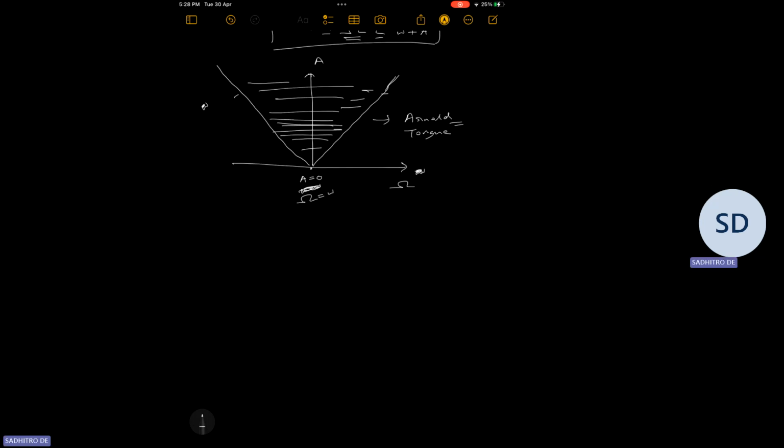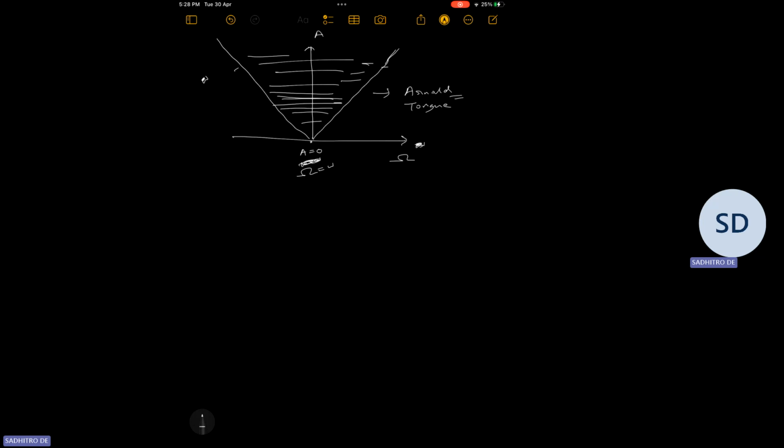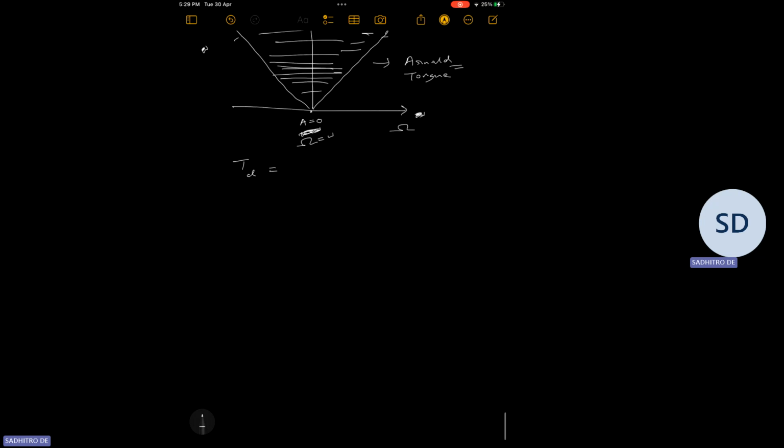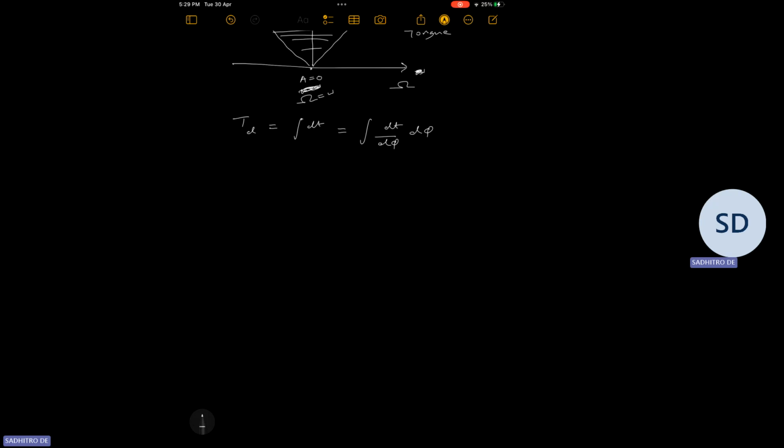Now, when there is no synchronization, you can also find out the period of drift or the beat period between the firefly and the external stimulus, which one can say as T_D, that is the integral of dt, from 0 to 2 pi.